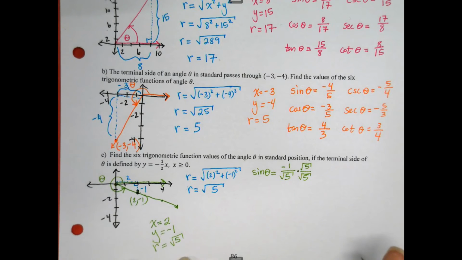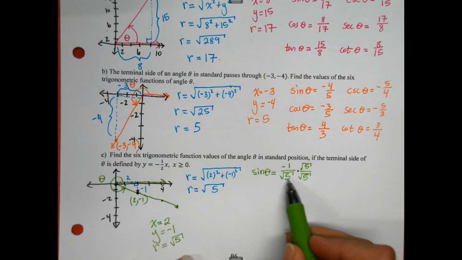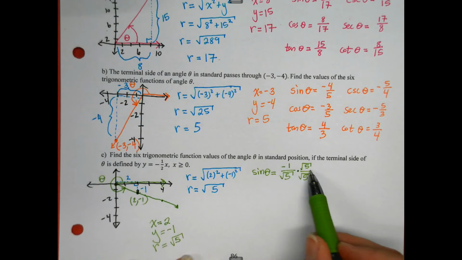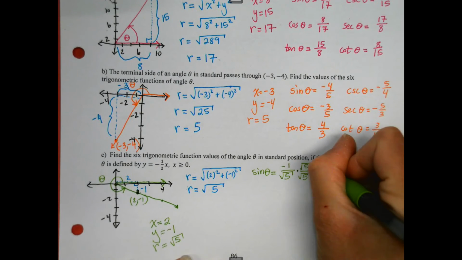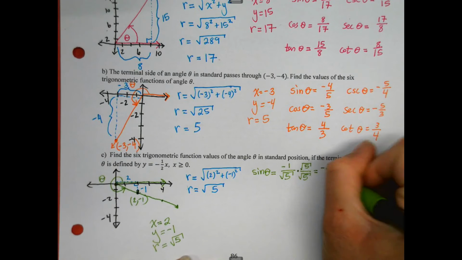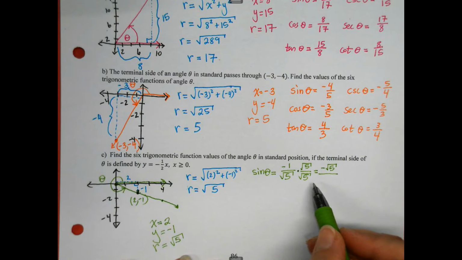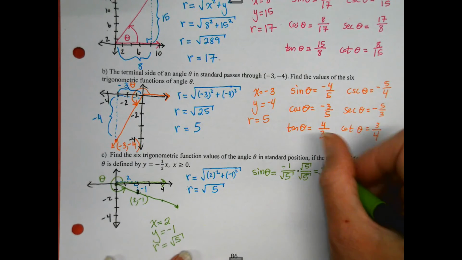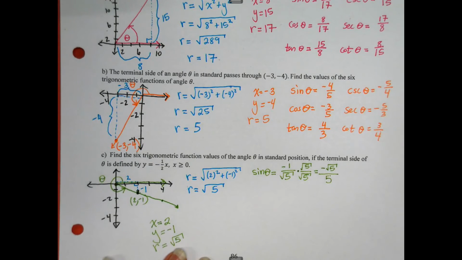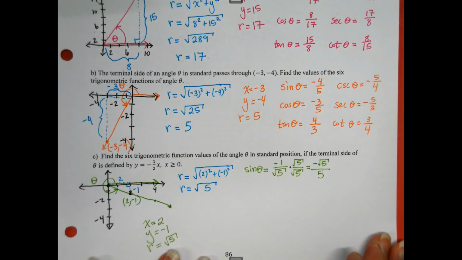And what that is going to do is get rid of the radical in the denominator, because -1 times the square root of 5 is -square root of 5. And the square root of 5 times the square root of 5 is the square root of 25. Well, the square root of 25 happens to be 5. So it gets rid of that radical in the denominator.